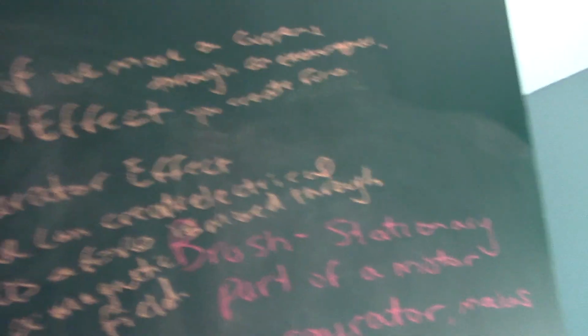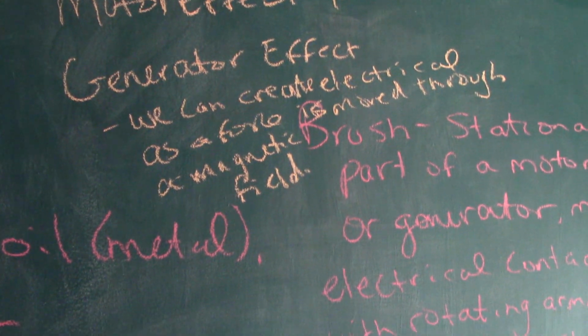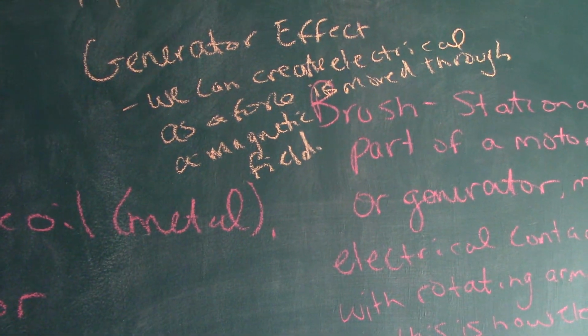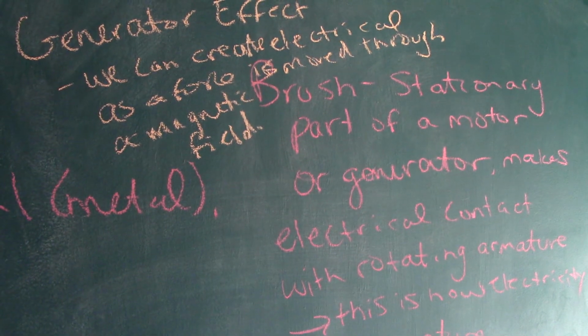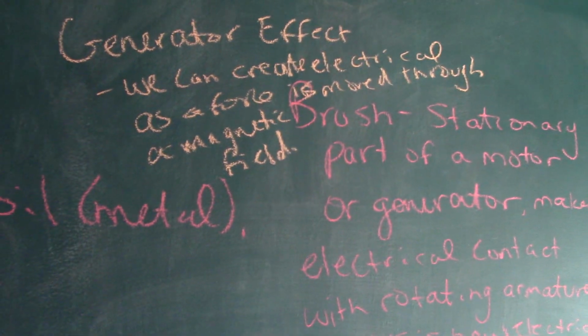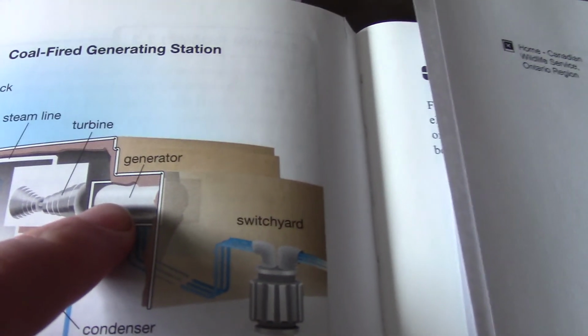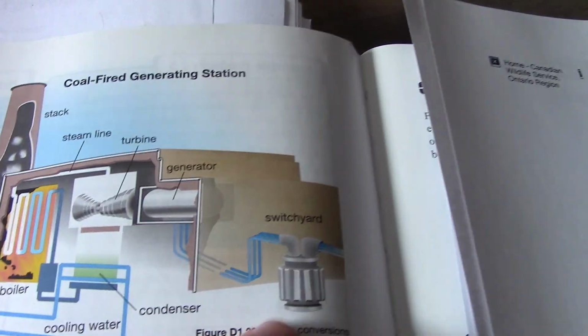So I can use electricity with a magnet to create force, or I can move some sort of force through a magnet to create electricity. That's the generator effect. That's what generators do. They create electricity by moving a force through a magnet. That's what this shows here: the spinning coil from the turbine moving through a magnet will create electricity, and then we can use that to power grids.